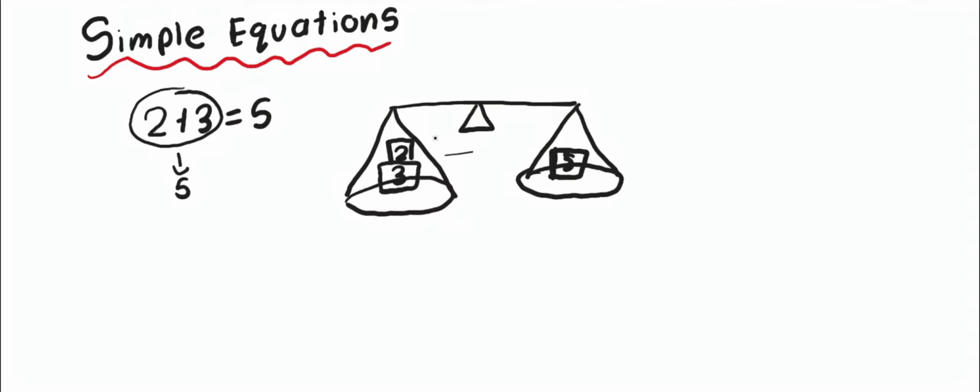So let's move to the next thing, that is the variable. Before solving equations, you must know what a variable is. The definition of a variable is the unknown number in an equation. Usually it's represented by a letter.